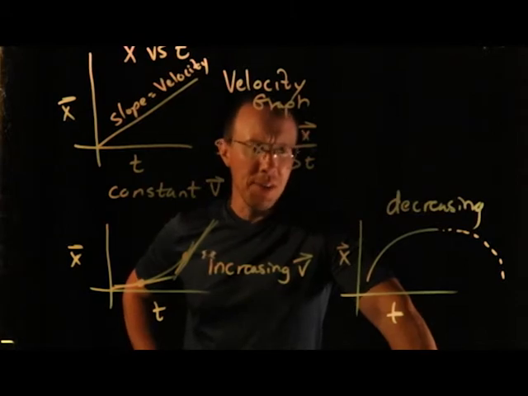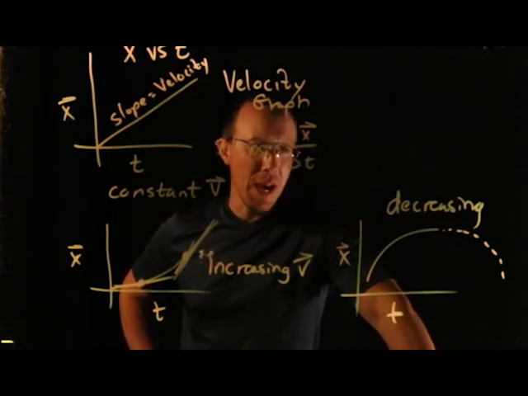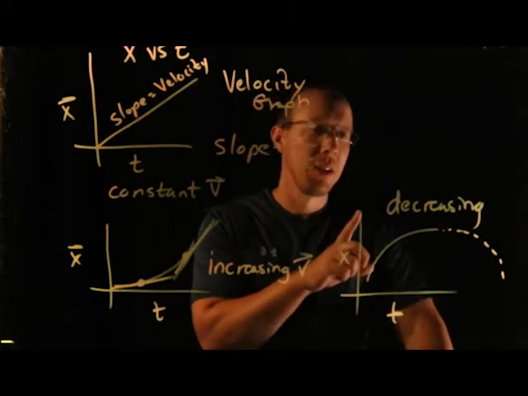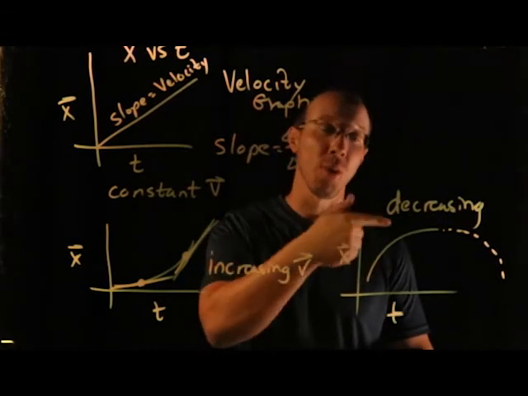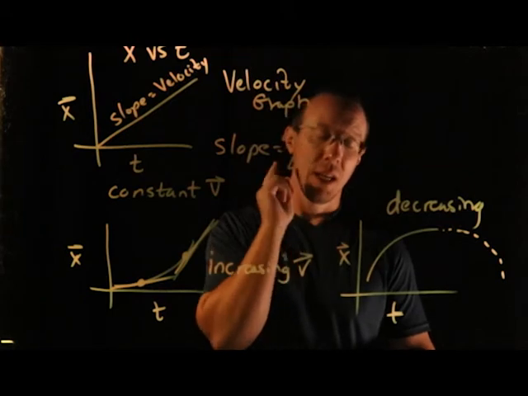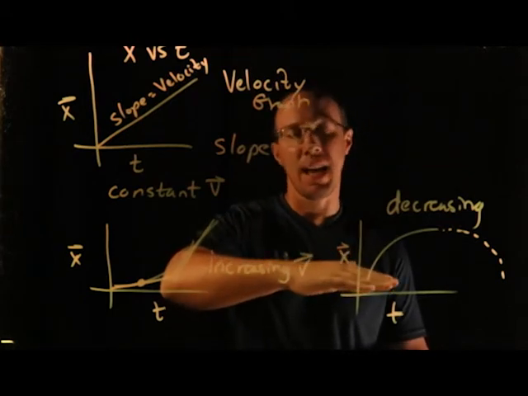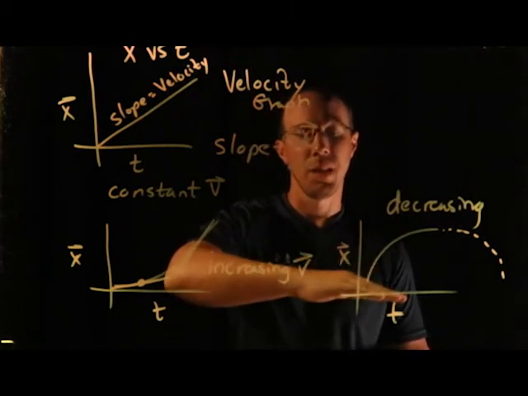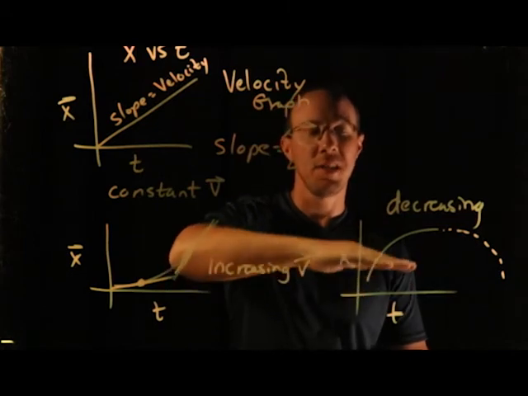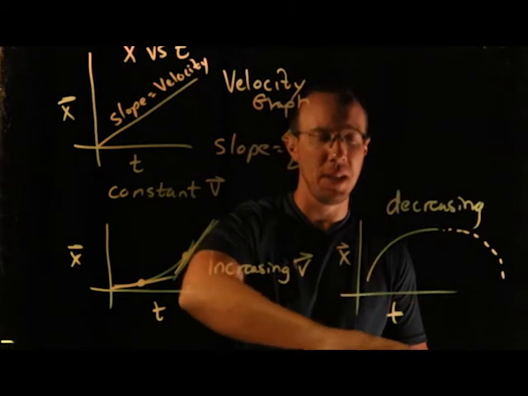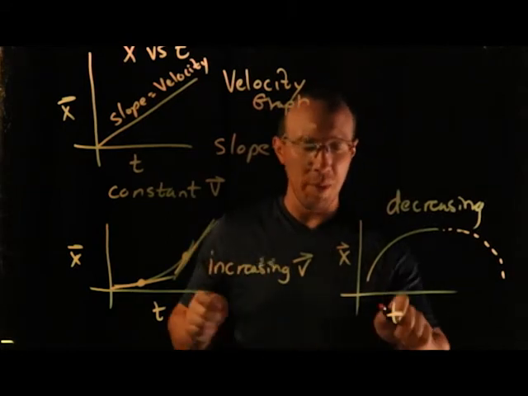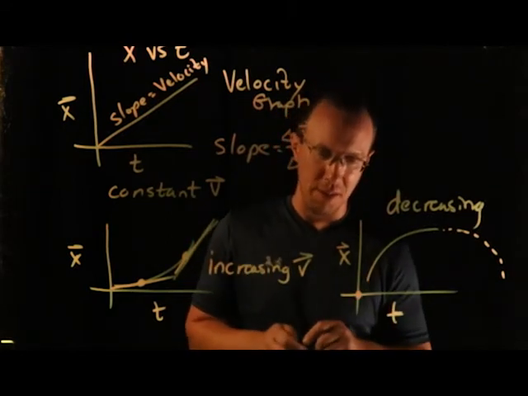The one thing about this is that the velocity is forward. We can think about that because let's just look at the x here. There's positive x up here and negative x down here. Positive displacement, negative displacement. So this would be like your starting point right here, wherever you're at.